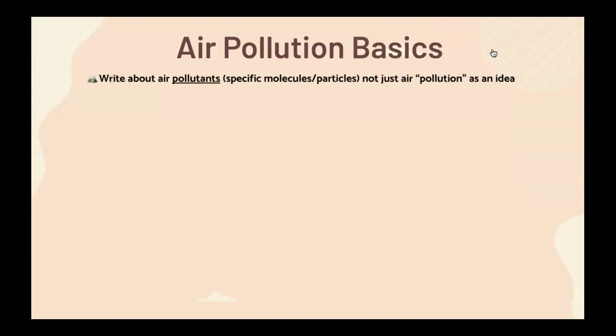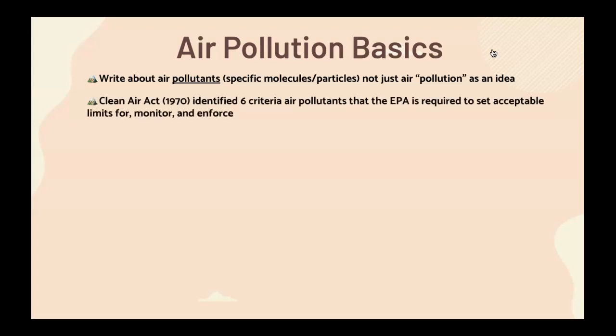So one of the things, like I said at the very start, is that you have to write about pollutants, the specific molecule or particles, not just pollution in general, as an idea, because you have to prove that you have college level knowledge.